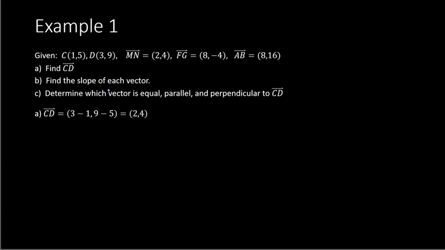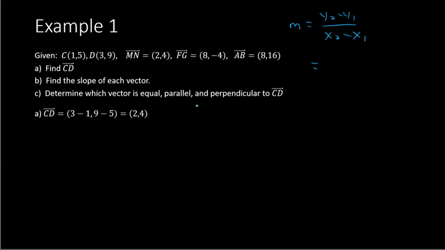Now for part B, we want to determine the slope of each vector. We've learned to find slope. We have a slope formula, which is y2 minus y1 over x2 minus x1. You've learned that in the past, right? That's your slope formula.